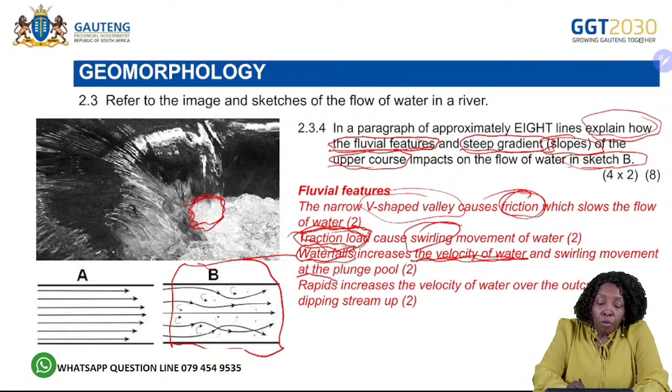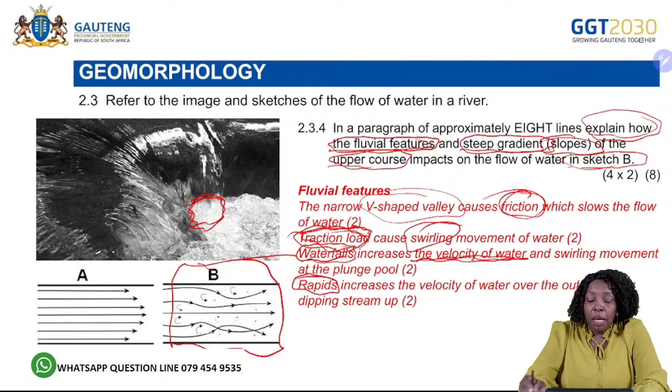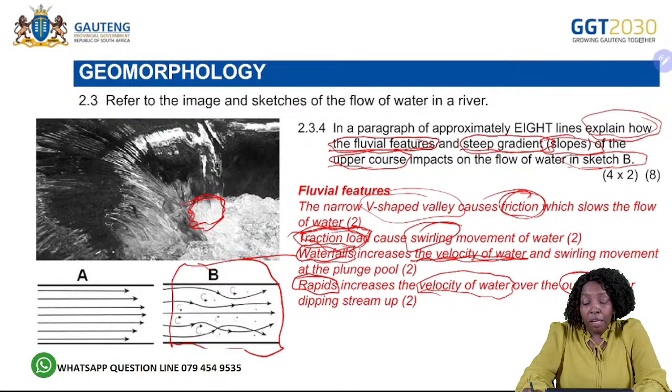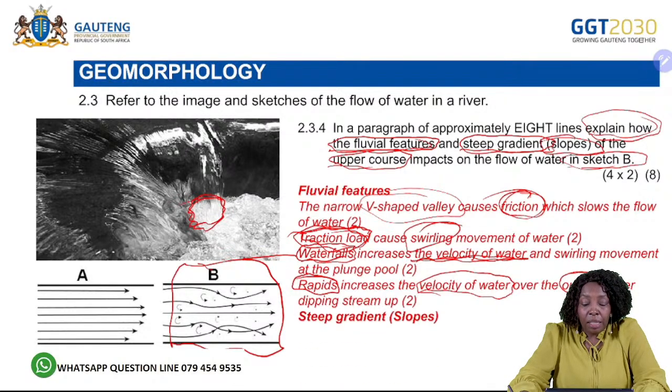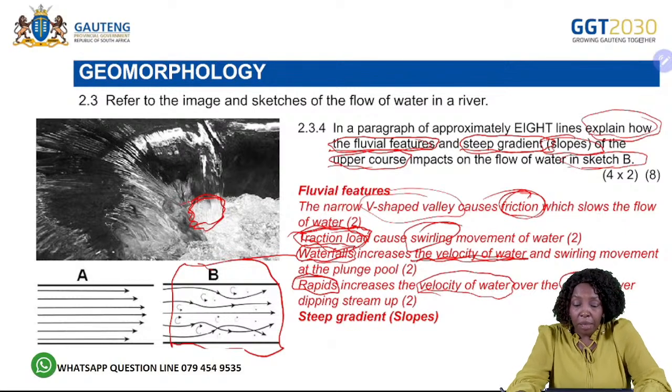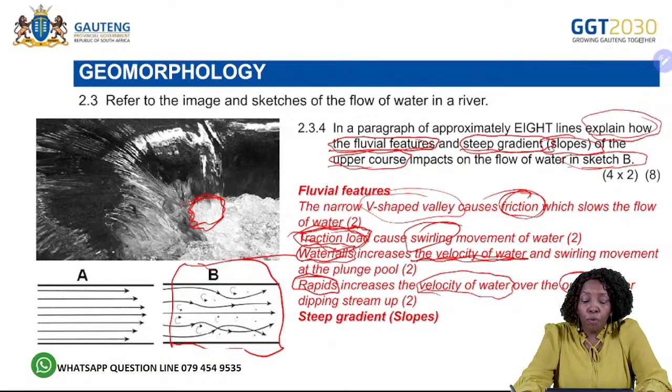So here now, which landform are we looking at? The rapids. What does it do? It also increases the velocity of water. And then that impacts over the outcrop rock that the river is flowing over there. Right, then we look at how the steeper gradient has the impact on the flow of water.